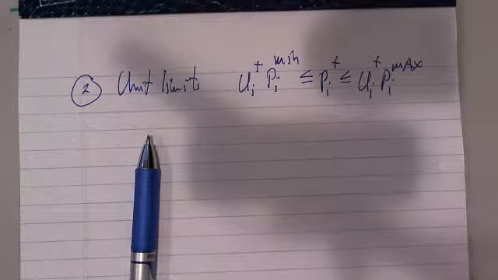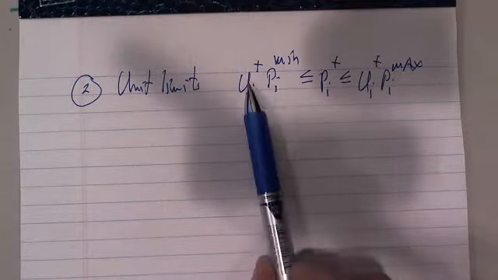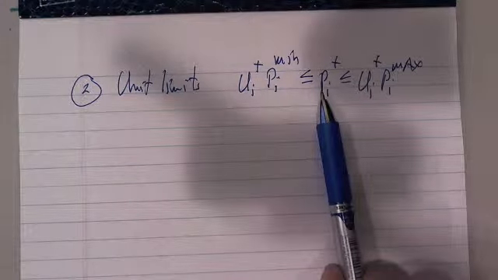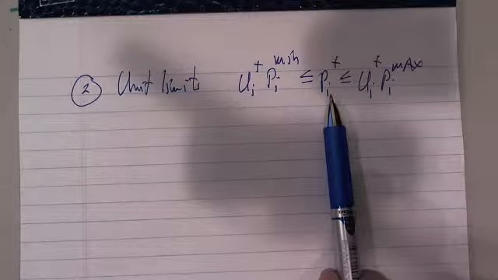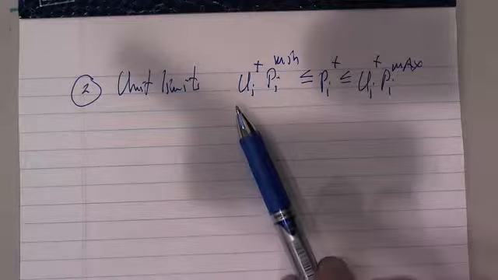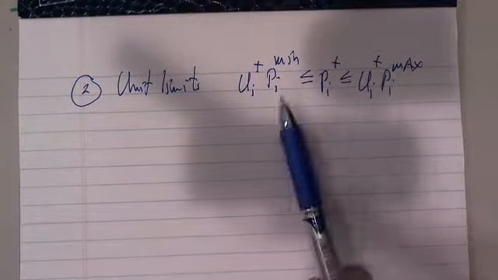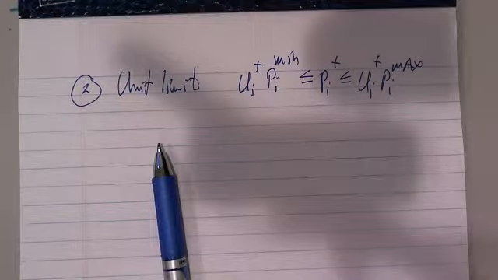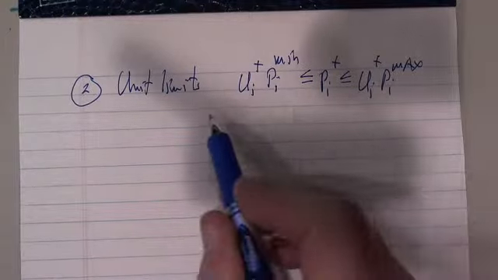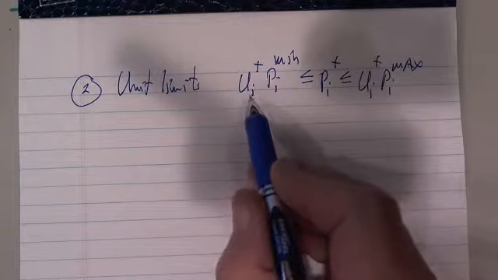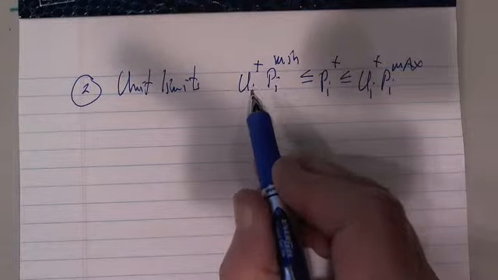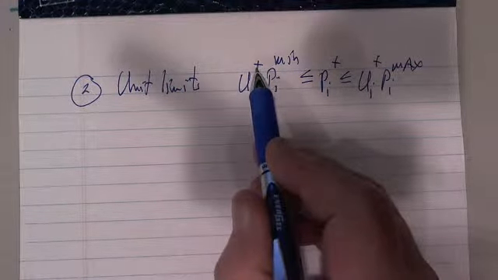So this just says that if the unit is off, then 0 must be less than or equal to the output, which must be less than or equal to 0. It must be 0. That's the only way to get that. If the U is 1, you have your normal upper and lower bound. So that one is fairly simple. Now we have the loading constraints, and we have the generator up-down limits, which depend on the Ui for that unit at T.